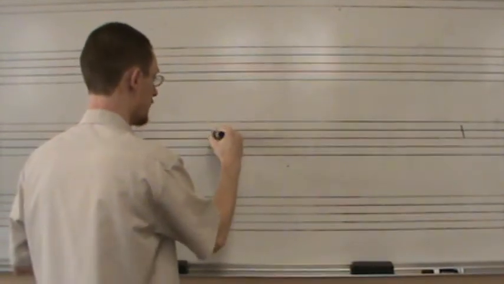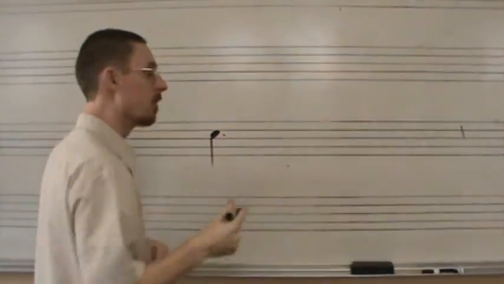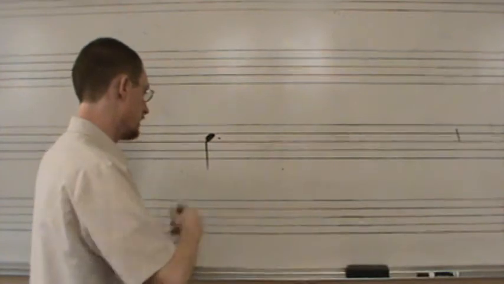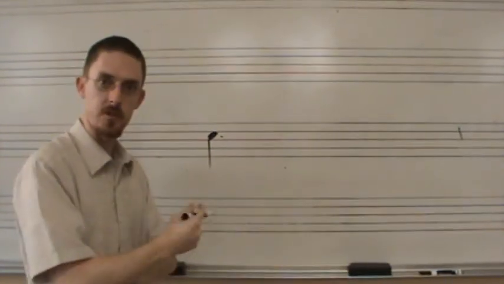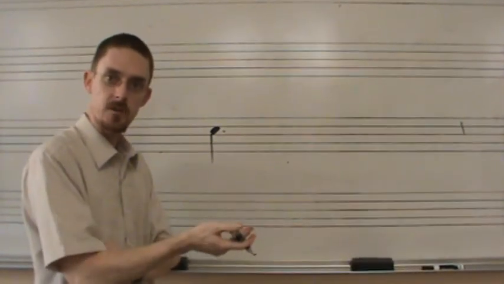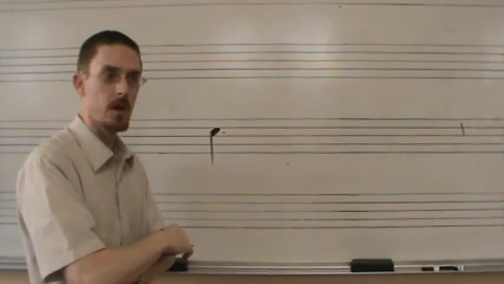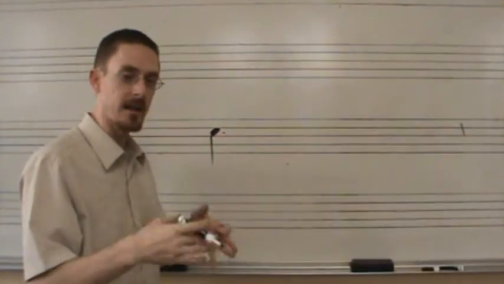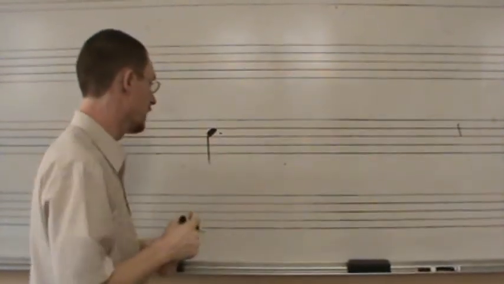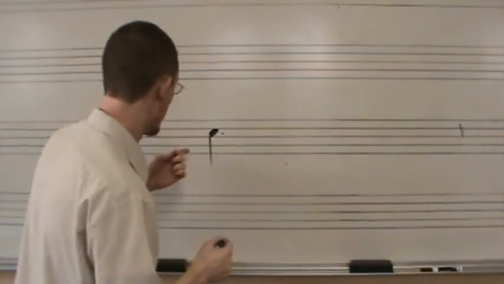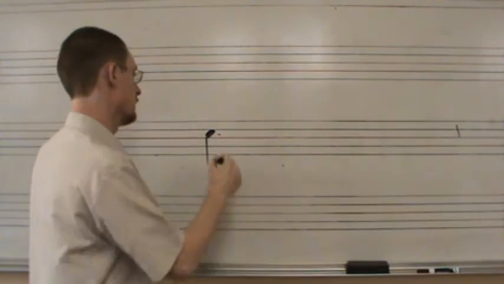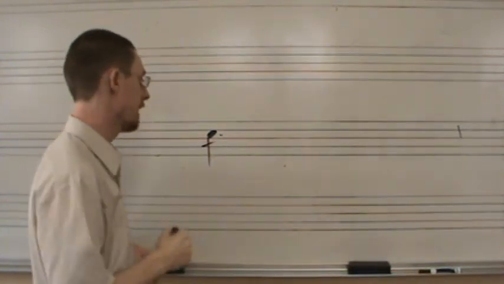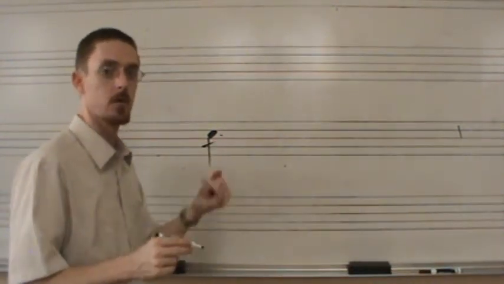So we remember that if you have any note value and you put any number of slashes, the slashes refer to flags on the note, and you fit as many of the notes that have that flag into the note that is being slashed. So this is a dotted quarter note. If I were to put 1 slash, how many 8th notes fit into a dotted quarter? 3.